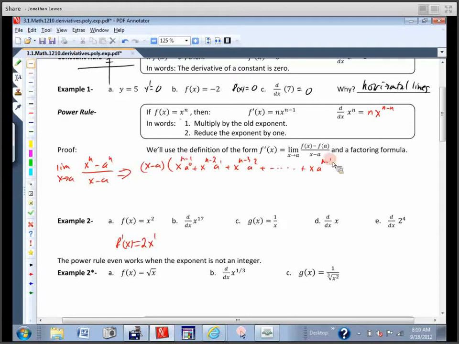So I'm going to put dot, dot, dot, and then I'm going to put plus x times a to the n minus 2. And then this is going to be a to the n minus 1 all over x minus a.